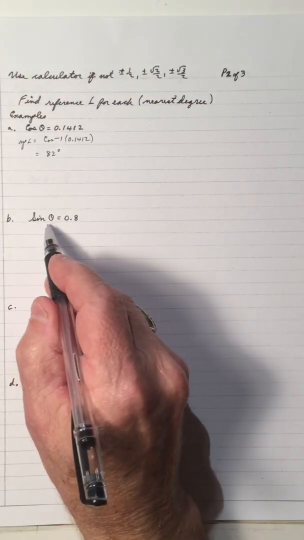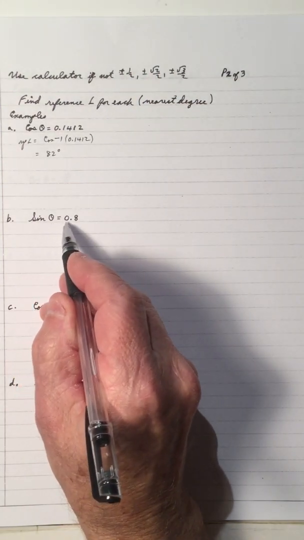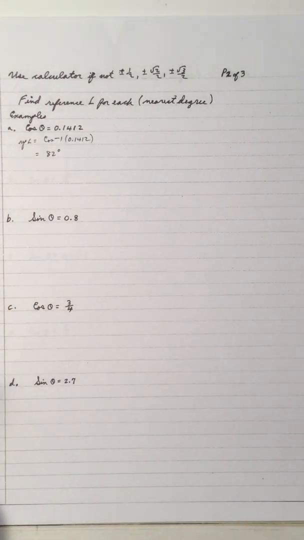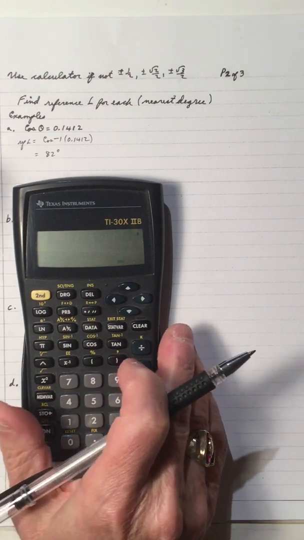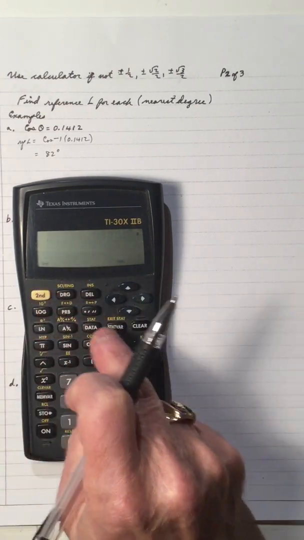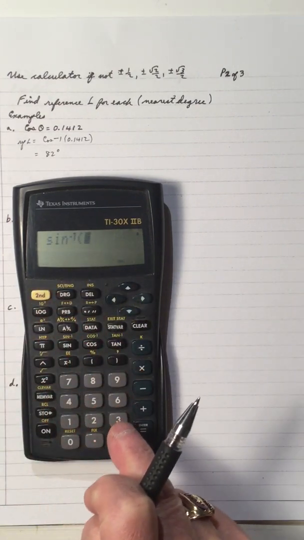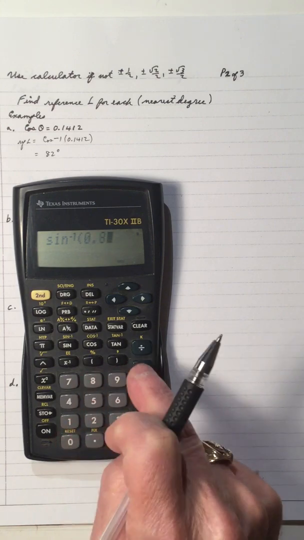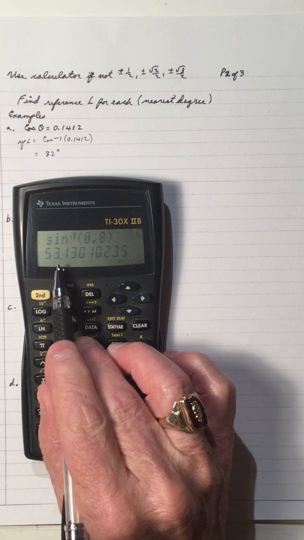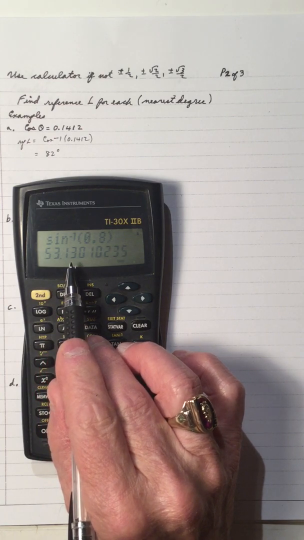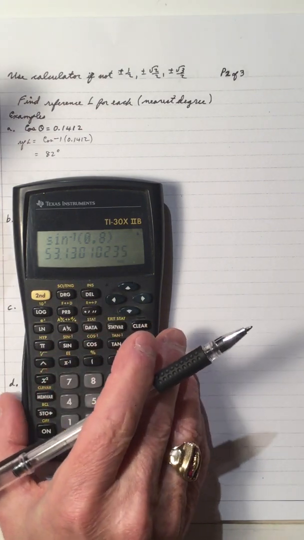And we have another one: sine of theta is 0.8. Let's put that in the calculator, clear that, and we get inverse sine of 0.8, close it off, and we get 53.13 degrees, so 53 is the nearest degree.